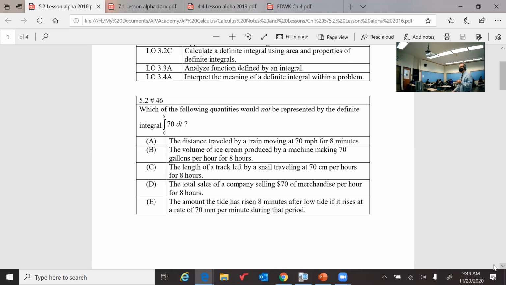Okay, well, that's the 70 for 8 minutes. That's miles per hour for 8 minutes. So how could you change A to make it work? One word. Lucas. Hours. Correct. Change this last word to hours, and then all these would represent that question.